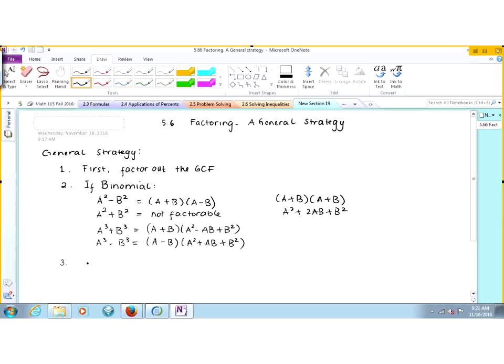So 3, what happens if we have a trinomial? All right. So you're going to check if it is a perfect square trinomial. How do I check it?